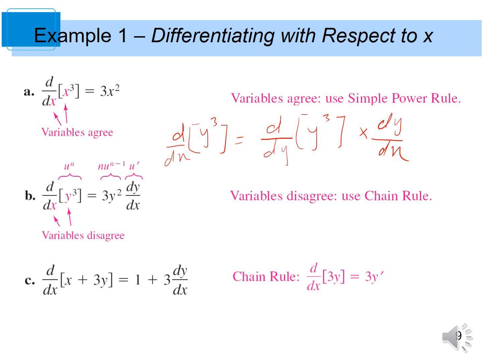So this is the chain rule. So we can say d dx equal to d dy times dy dx.